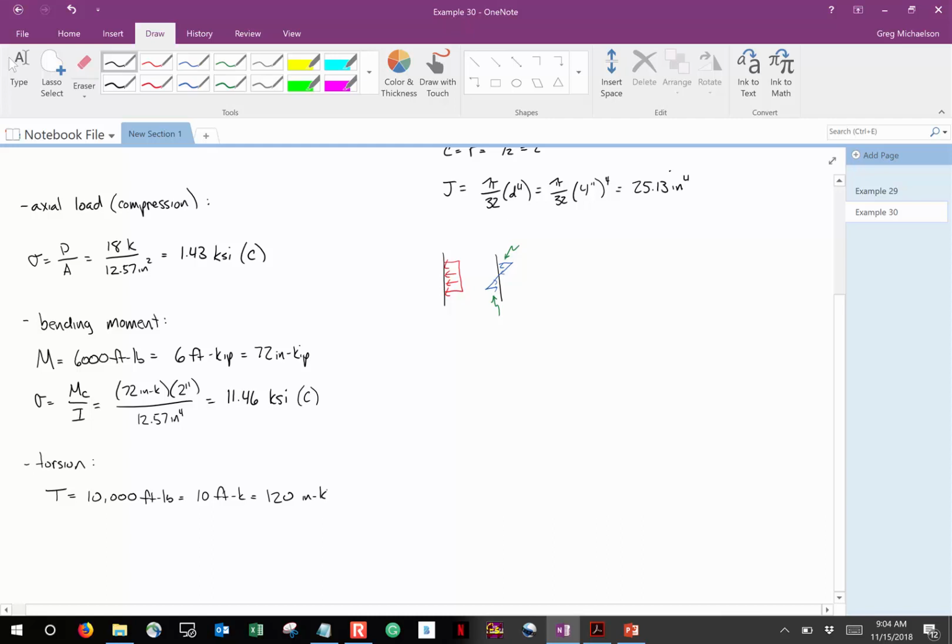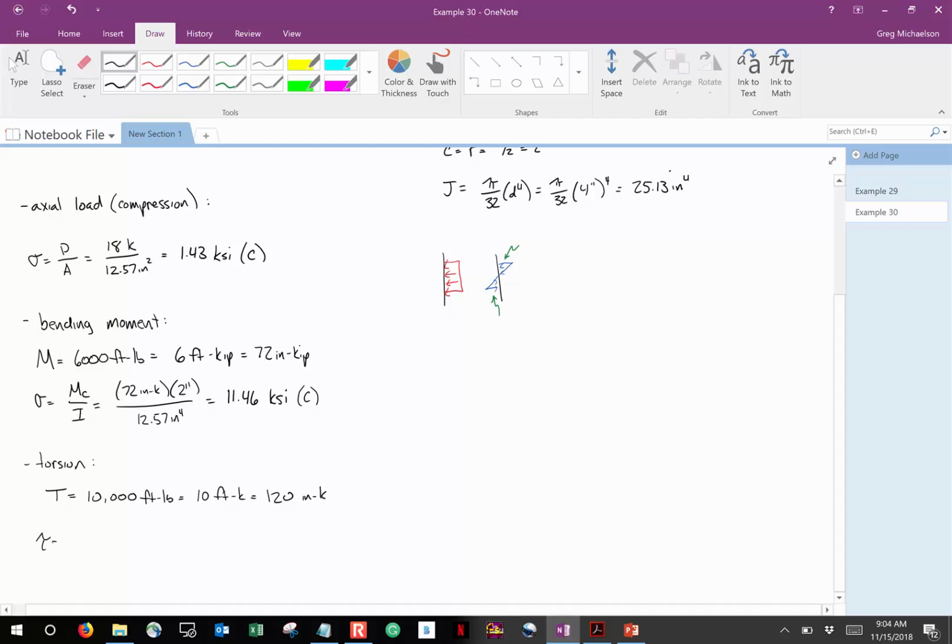If you recall from torsion, the worst case torsional stresses are at the outer fibers. So if you're evaluating torsional stresses at the outer fibers and bending stresses at the outer fibers, that's really where you need to be evaluating this for a problem like this. As for axial loads, it really doesn't matter where you evaluate it, because the axial loads are the same everywhere on this section.